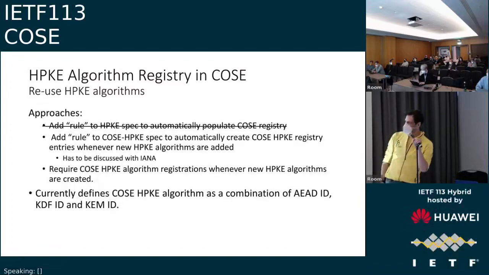And if that doesn't work, the last approach is to require that whenever someone defines a new HPKE algorithm or cipher suite, they also need to populate the corresponding Cose registry. So that's nothing really earth-shaking, but at least there was a lot of discussion on this topic on the list.